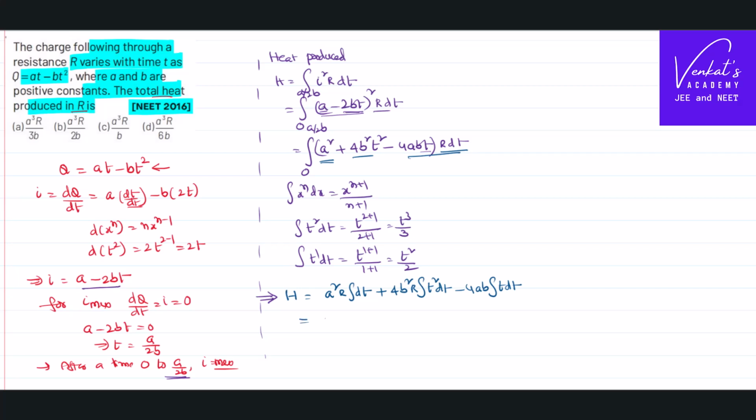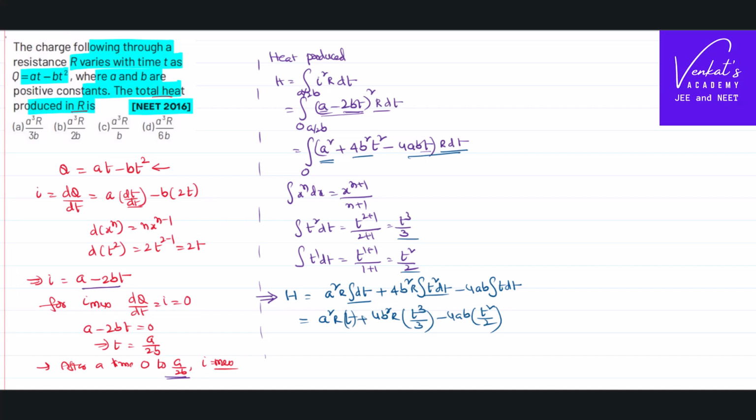Let us calculate this. A square R times the integral of dt is t itself, plus 4B square R times t cube by 3, minus 4AB R times t square by 2.